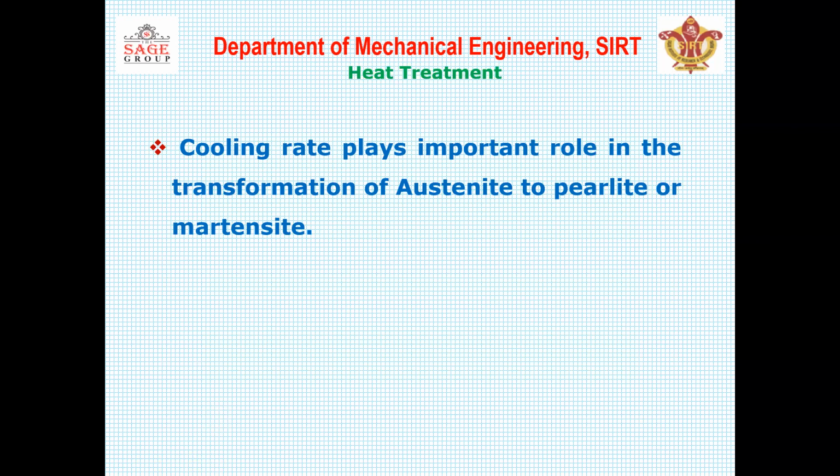Austenite, you know very well, is available in the solid form, pearlite and martensite are also available in the solid. So heat treatment is possible here that will change the phase from austenite to pearlite and martensite along with better mechanical properties.